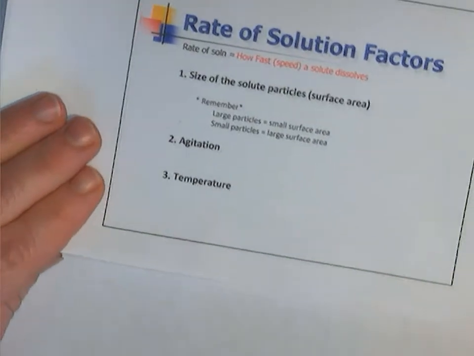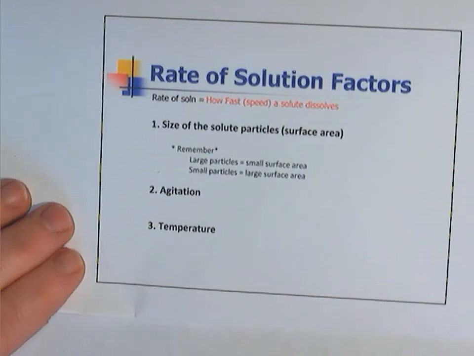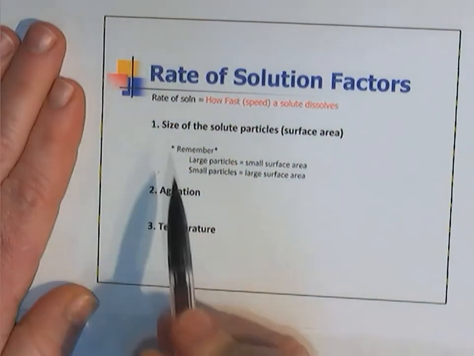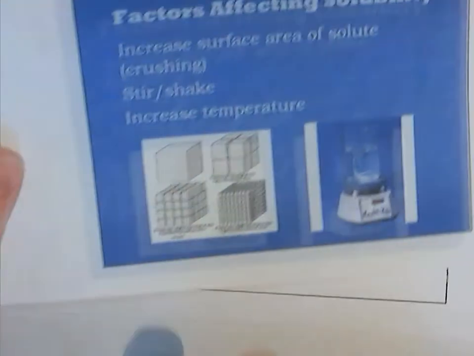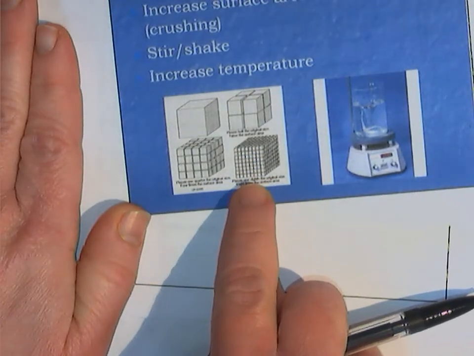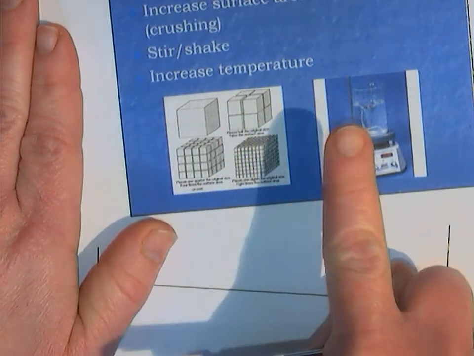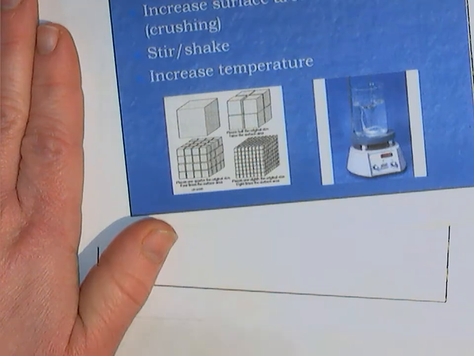Okay, but what can we do to increase the speed at which a solution forms? We can do these three things. We can increase the surface area of the solute. The smaller the solute, the more solvent that can come into contact with the solute.